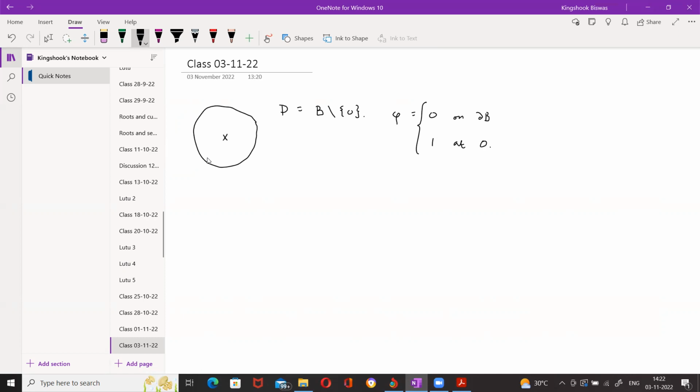But once it extends to the whole ball, if it's 0 on the boundary of the ball, then by the maximum principle, it's 0 everywhere. And so it can't be equal to 1 at the origin, right? So this uses a result that points are removable singularities for bounded harmonic functions in R^n. That is true.